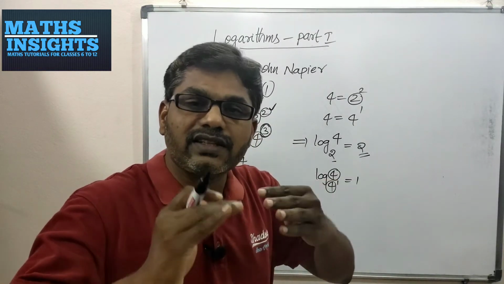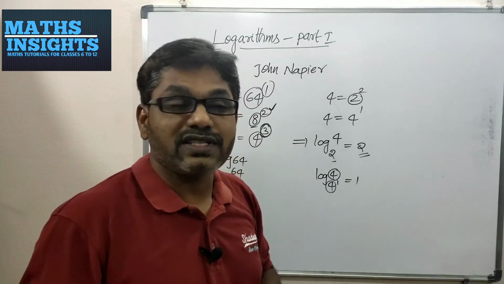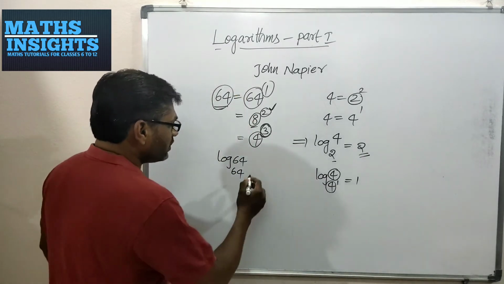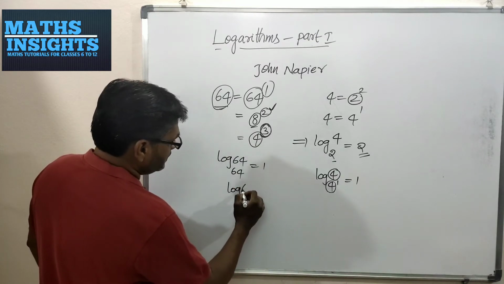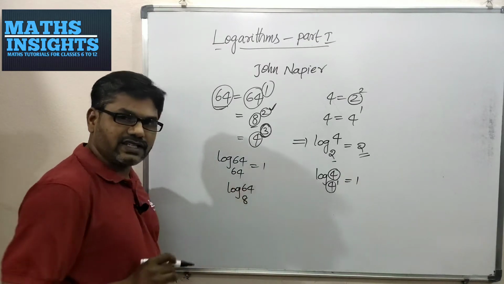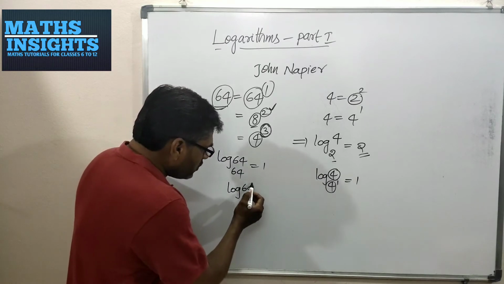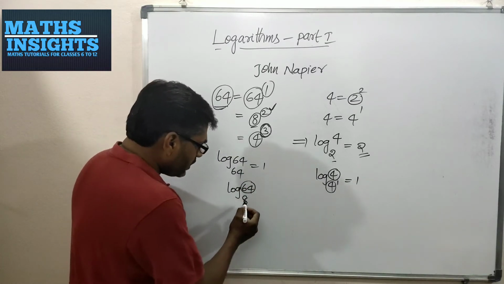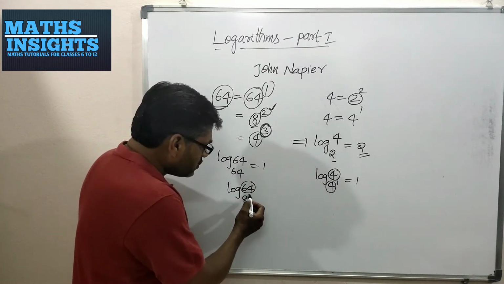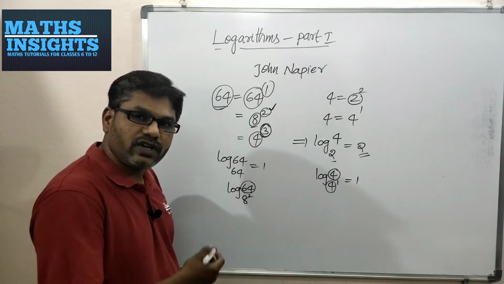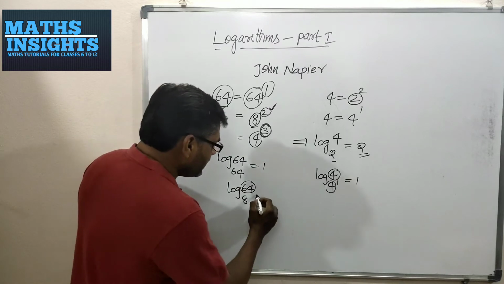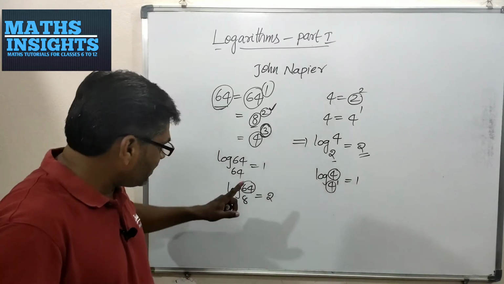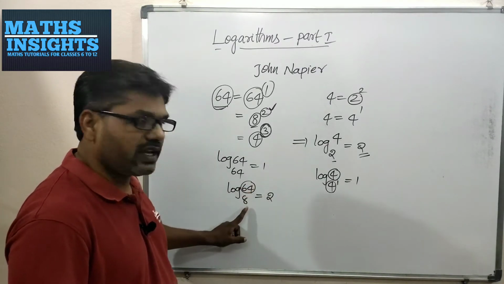That power on 64 is the logarithm of 64, which is 1. If you take log 64 base 8, when you want to get this 64, this base is raised to 2, then you will get 64. That is the value of log 64 base 8.